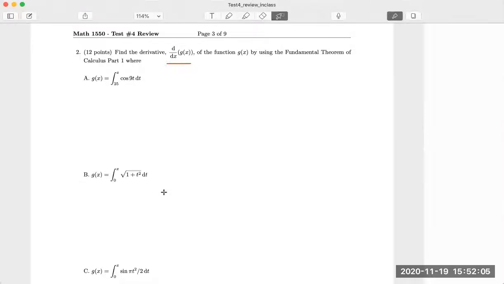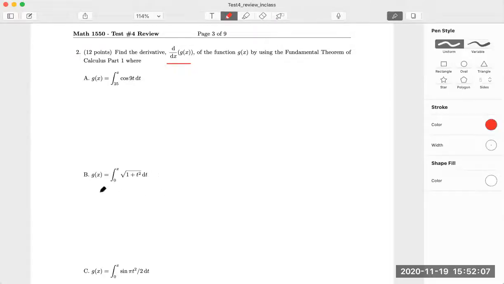So we can write it down in here, d over dx of g of x. From the fundamental theorem of calculus, it gives us, what is it? It would be f of x equals what?